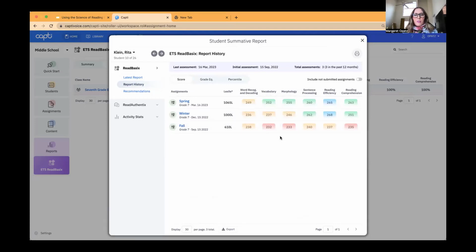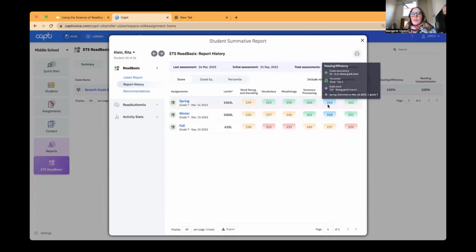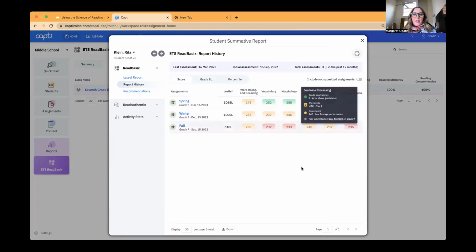And because her teacher focused on vocabulary and morphology, by the end of the year, she was at that high average performance level. And interestingly, and importantly, this led to higher scores across her sentence processing, reading efficiency, and reading comprehension by the end of the year.